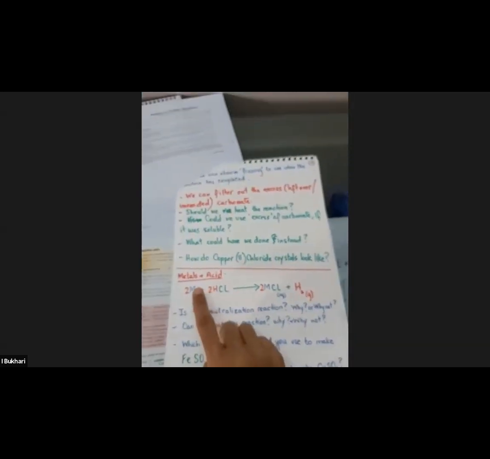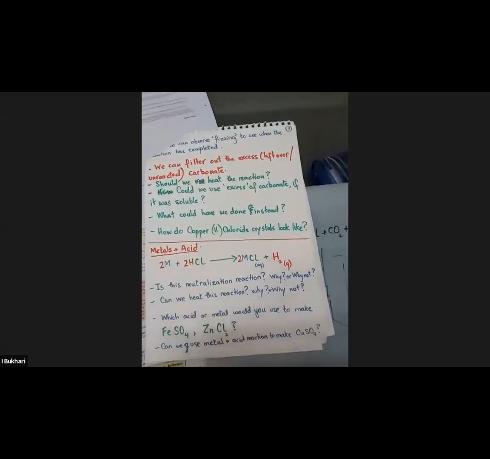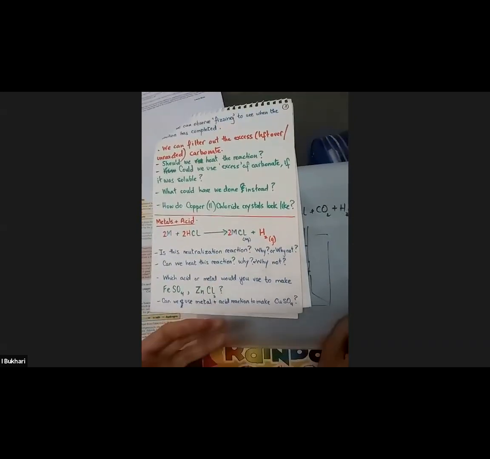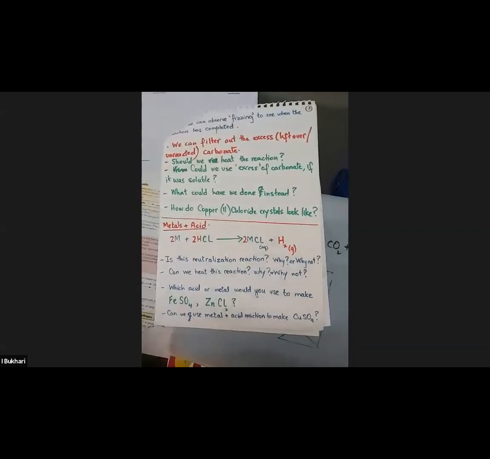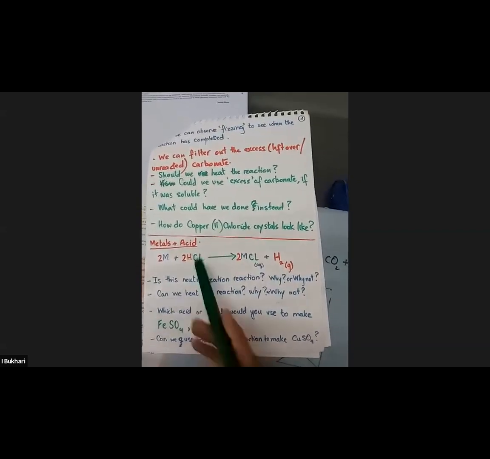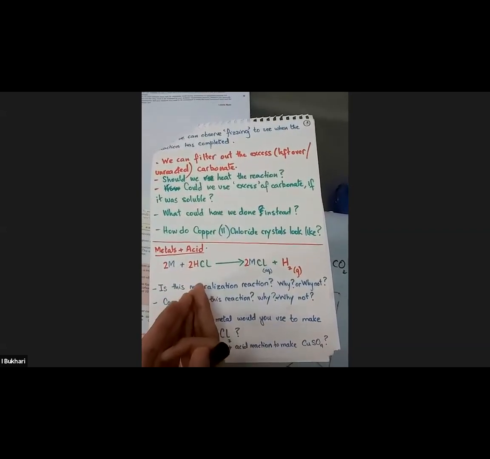Okay. Now, let's move on to the reaction between metals and acids. Now, you must have done metals in the periodic table, right? And have you done the reaction of metals with acids?